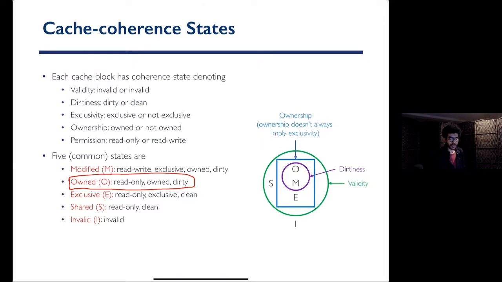It means that if you own a cache block, it could be read only, it could be dirty, or it could be just owned. So it's talking about these different states that you could have. If you have a cache block in the state of owned, that could be read only, it could be owned, and it could be dirty.